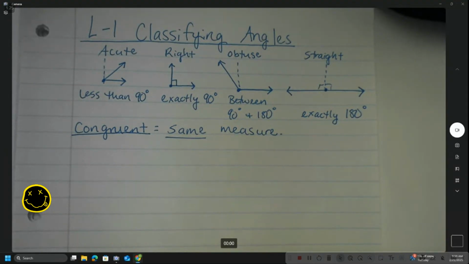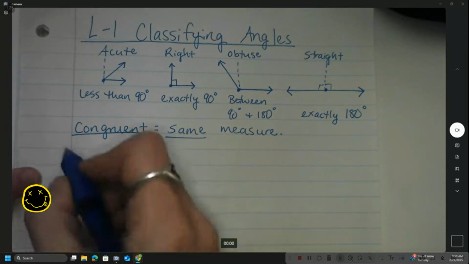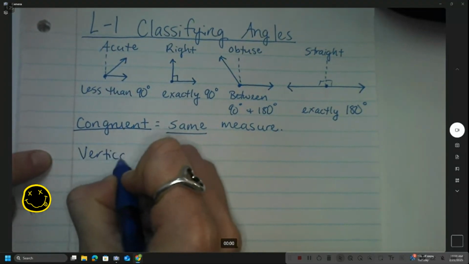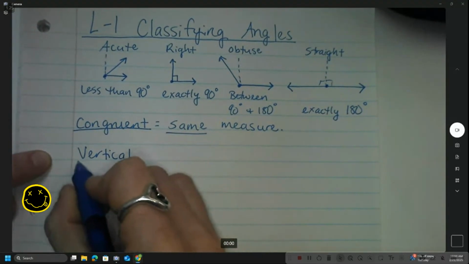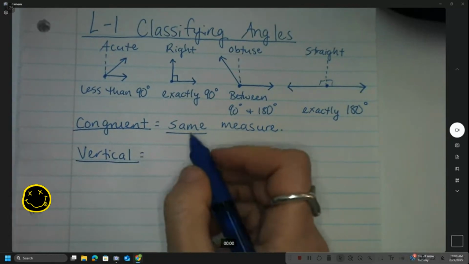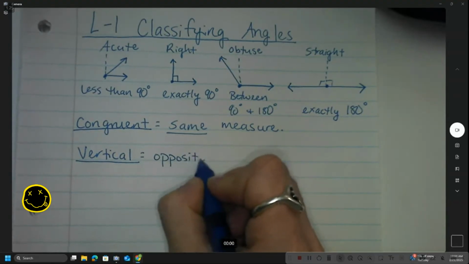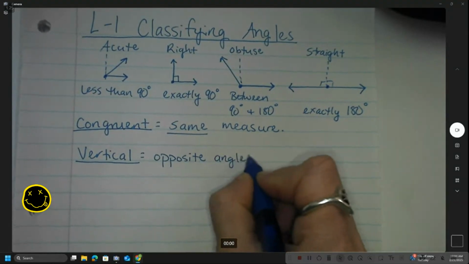Or not just measure, they might have the same side lengths. Like if that one's 2 inches, that one's 2 inches. So it's not always measure, it's also length. It means the same. Here's another 7th grade vocab term, vertical. What are vertical angles? Vertical angles are opposite of each other. They are opposite angles. I'm going to show you what that means in a second.